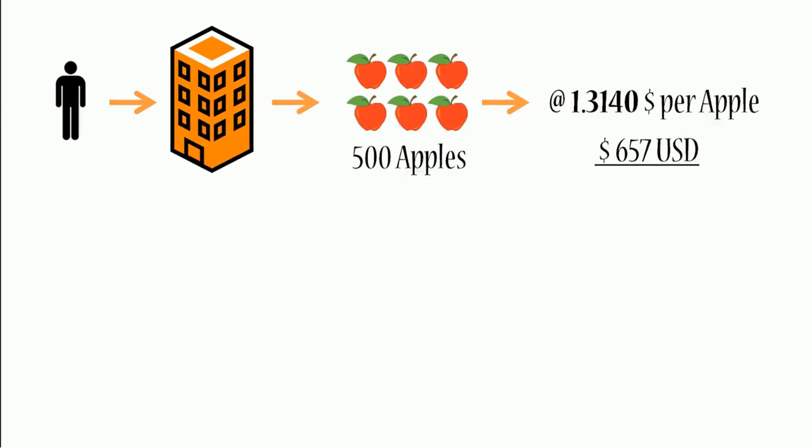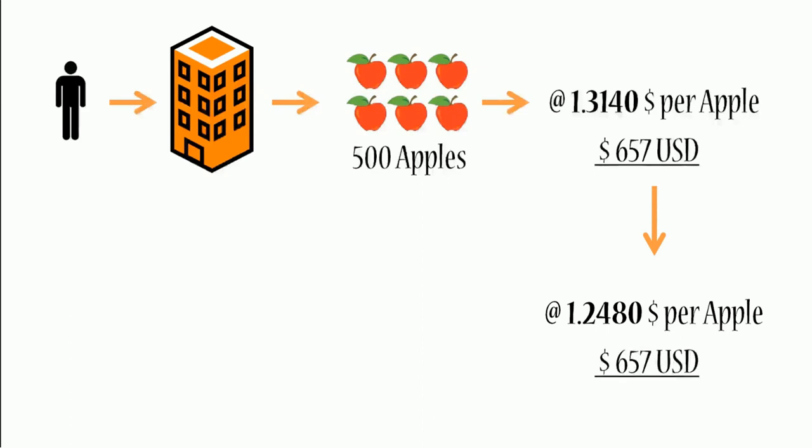So now you have that money and you decide to hold on to this 657 US dollars because you've predicted that the price of apples will drop, and you wait for that to happen as per our chart which we looked at earlier. So once the price for apples drops and it hits about 1.2480 American dollars per apple, guess what? You still have those $657 that you got in exchange for your apples a couple of days or weeks earlier.